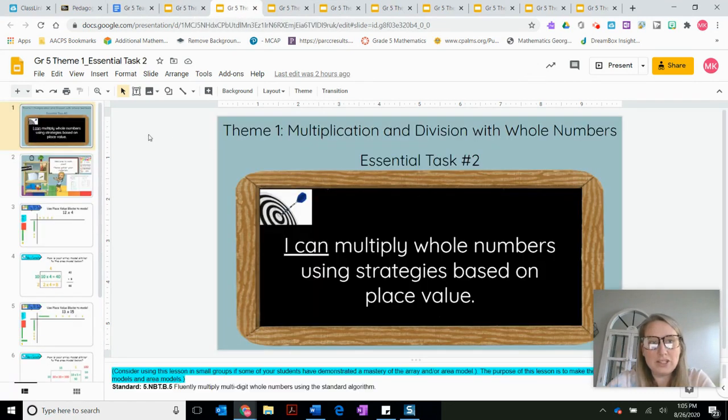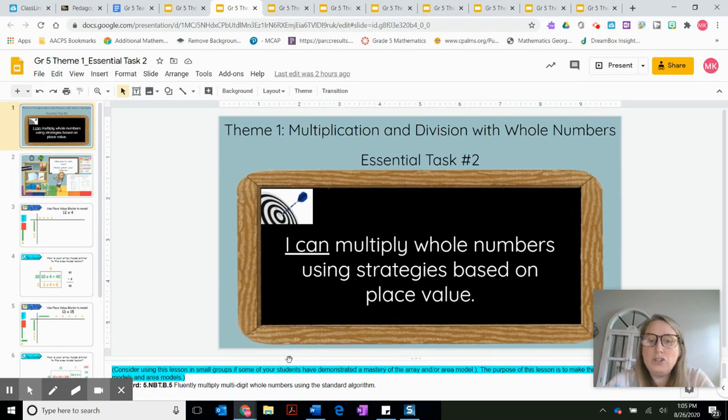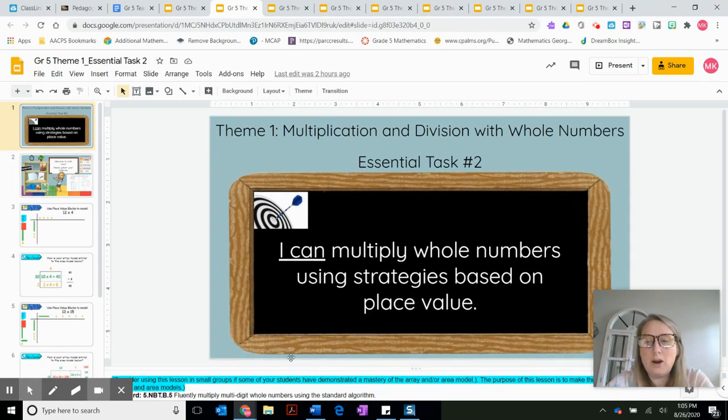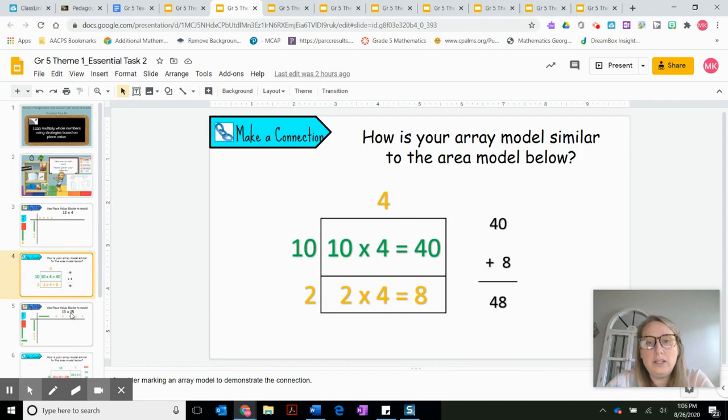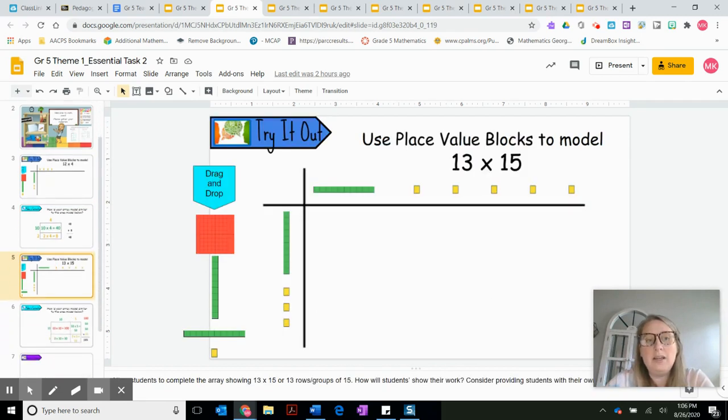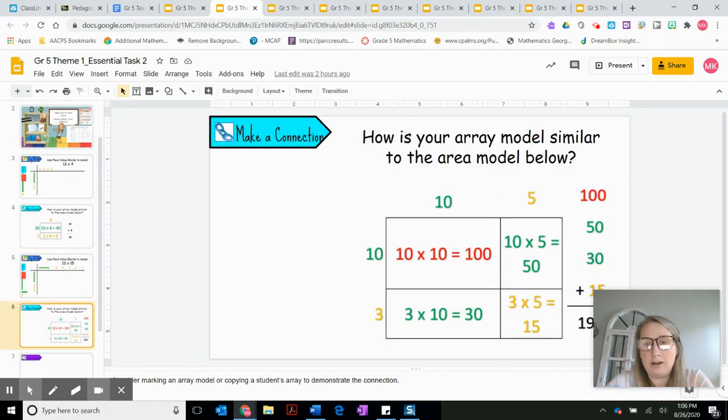Going through multiplication, this is going to get a little tricky because it really depends on what students have mastered from 4th grade. What strategies are students successful with? What strategies are students coming with? This second essential task is really focusing on making that connection between the array model and the area model.